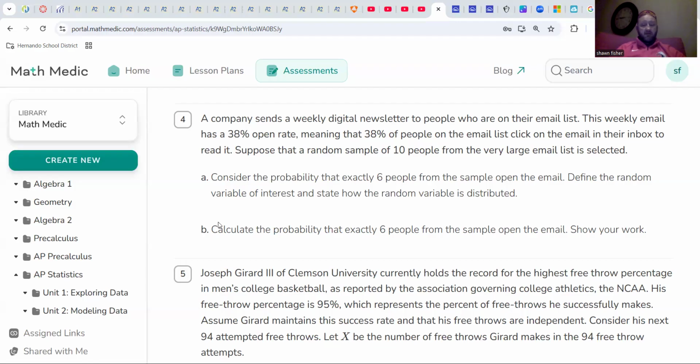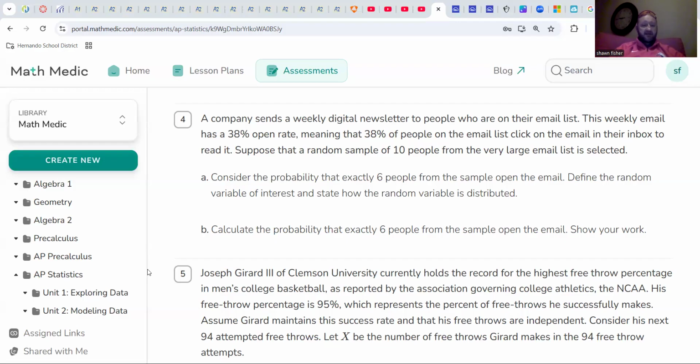Right? We're going to multiply. There's 210 ways that can actually happen. We're going to multiply that by our success, which is 0.38, and we're going to raise that to the sixth, since I want six, and we're going to multiply that by the fail rate. Well, if 38% succeeds, 62% would fail.